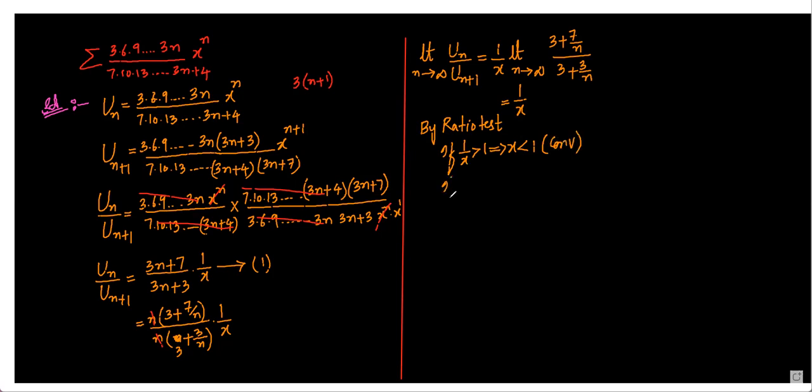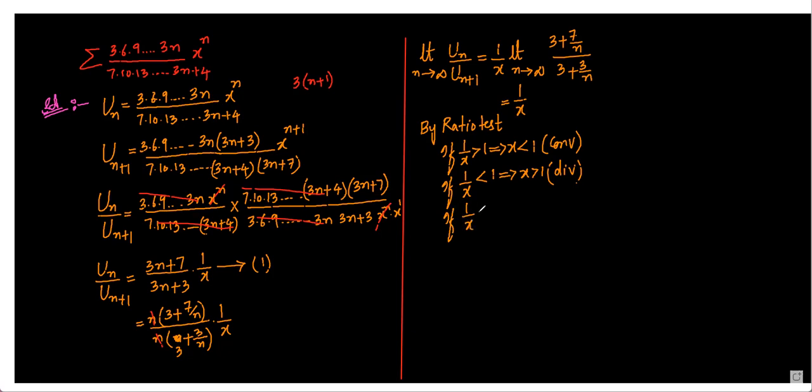Next, if 1 by x is less than 1, it means x must be greater than 1, so divergent in this case. In ratio test, it is divergent.